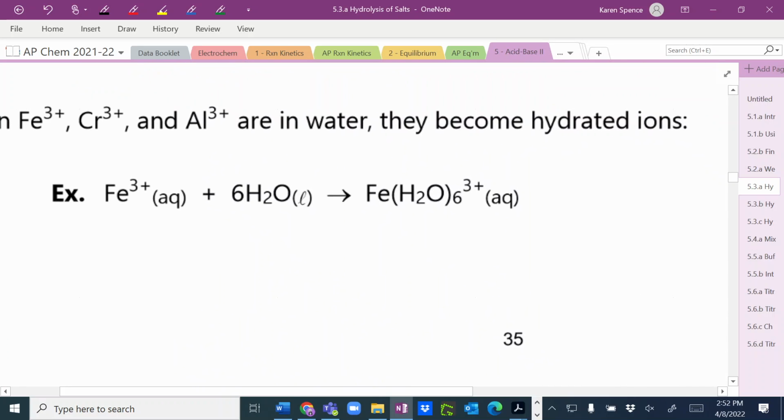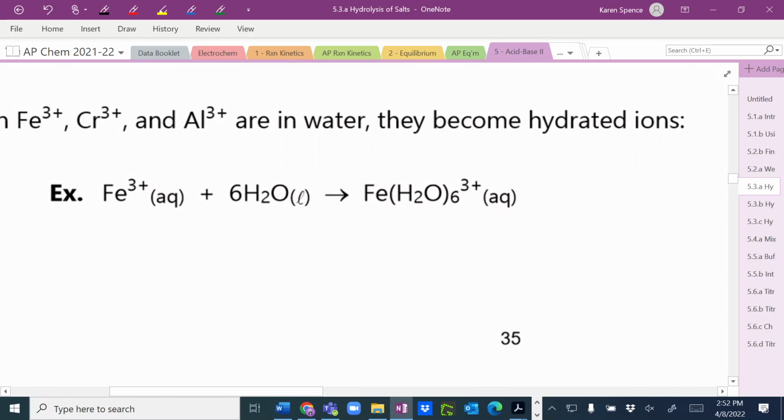So what happens to these weird little metal ions when they get into water? They attach themselves to 6 water molecules. So you have Fe3+ aqueous. This is hydrated Fe3+.